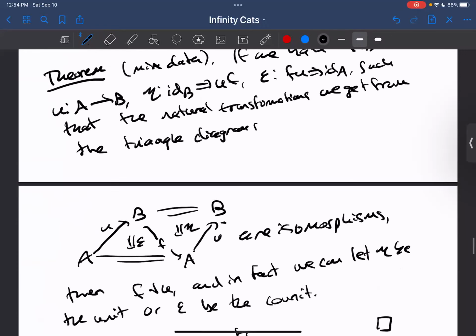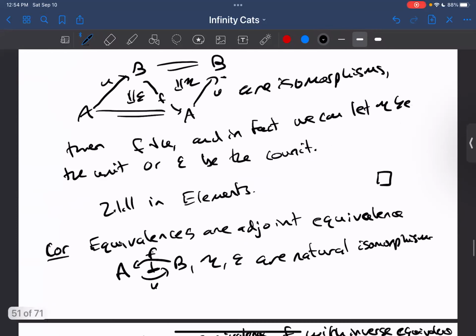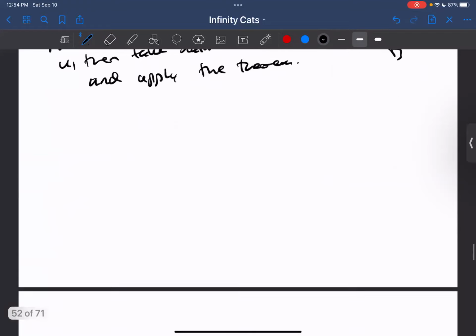Because both of these would be invertible, their composite would be as well. All right.